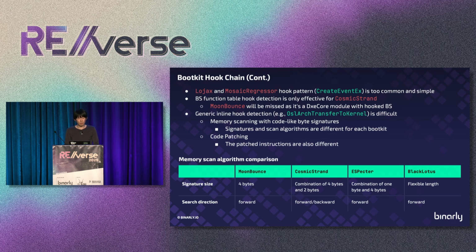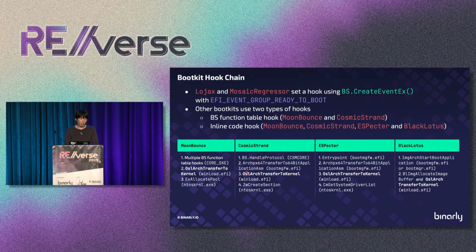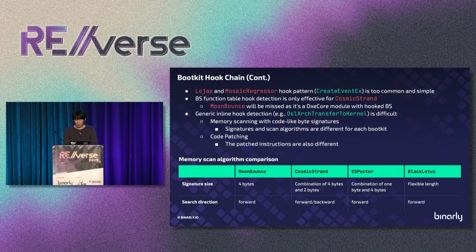Also, boot service function table hook detection, focusing on the function pointer replacement, is only effective for one bootkit. Inline hook detection was likely the most promising. For example, 4 bootkits hook the same function, OslArchTransferToKernel. But the generic detection was hard.